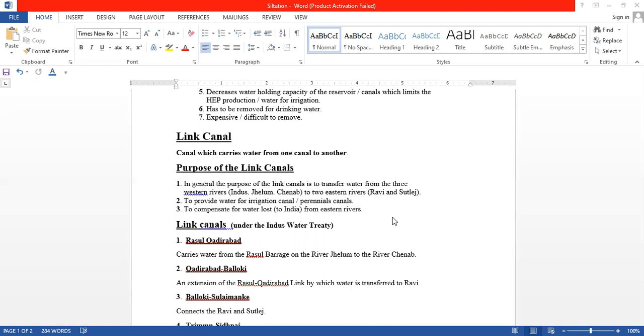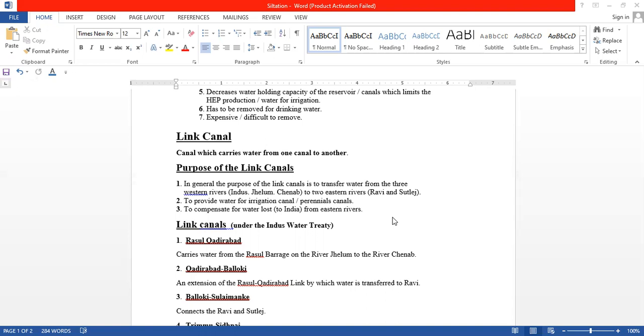So actually we lost the water of three eastern rivers. To compensate or to level the situation, the government of Pakistan constructed the link canals.